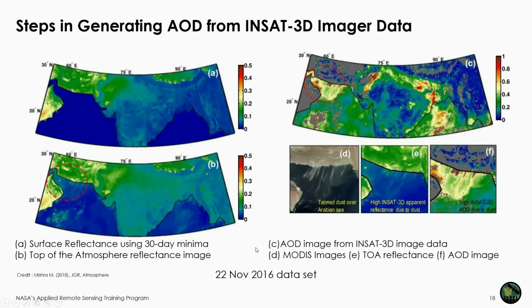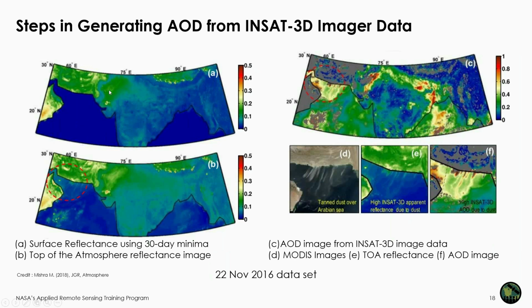I will show you some of these results of the processing. This particular image shows you the surface reflectance using a 30-day minima. As you can see, it's a virtually cloud-free image over both ocean as well as over land, and you can see the bright as well as the dark reflecting regions.